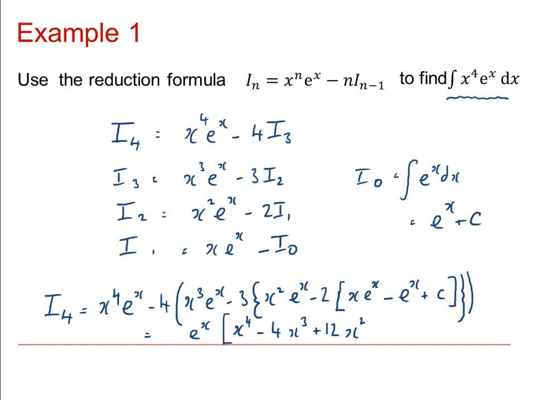The x term is then negative 4, negative 3, and negative 2, so giving a total of negative 24x. The number term will be positive 24. And then we can write outside the bracket a constant of integration, k.